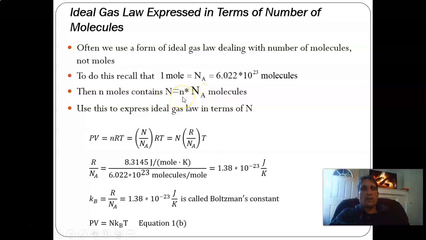So for example, if you have 2 moles of a gas, little n is 2, the number of molecules is 2 times Avogadro's number, or 12.044 times 10 to the 23.